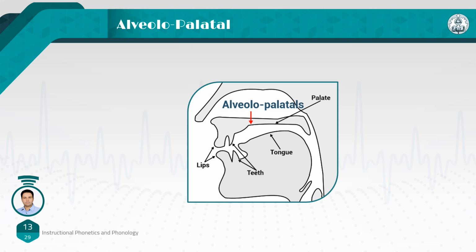This kind of sh is present in Sweden, for example, in the Swedish language. If you meet Swedish people, they pronounce sh like this. In fact, the place of articulation is somewhat further back when you compare it with palatoalveolars. This is called alveopalatal.